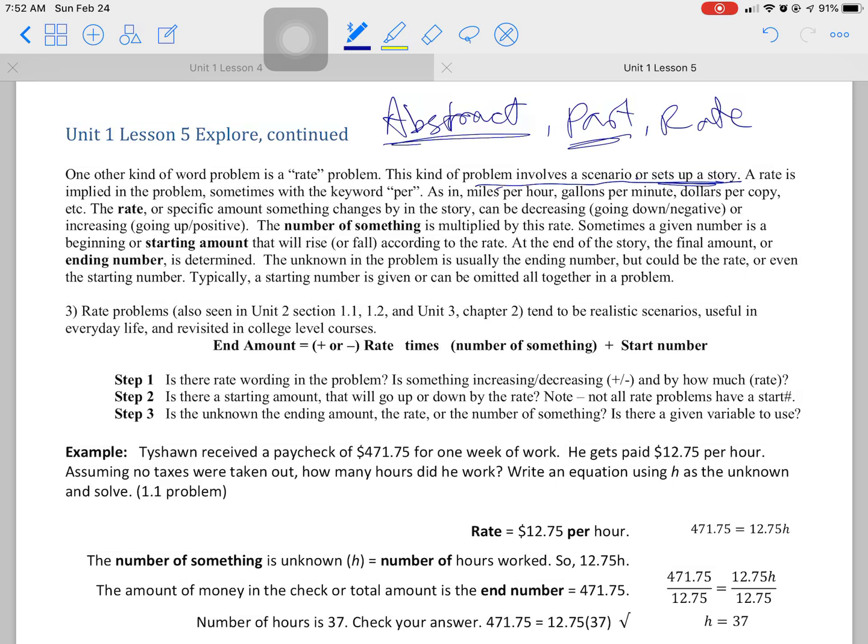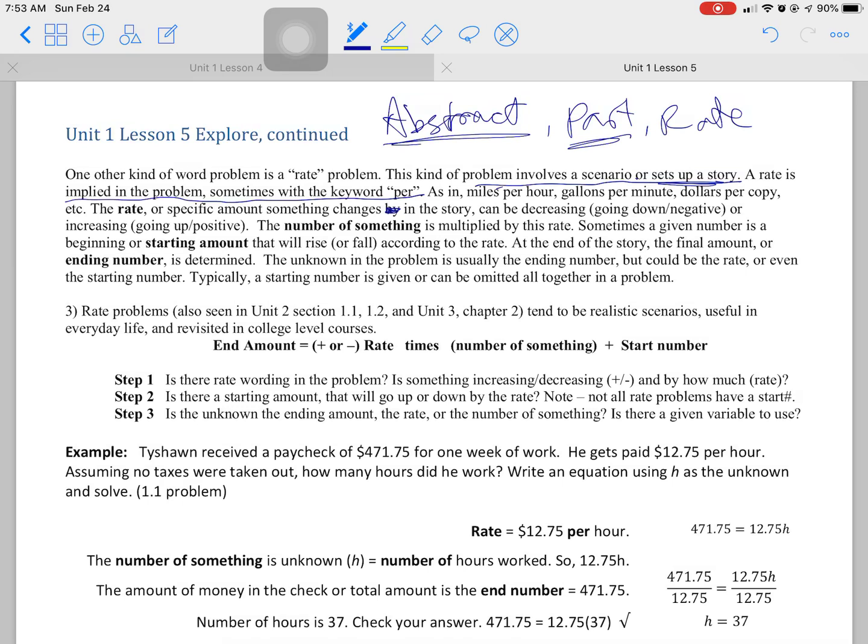You're taking a taxi ride. You're making copies. It's more like an active thing. The rate implied in the problem sometimes has the word per next to it. Miles per hour, gallons per minute, dollars per copy. The rate is a specific amount that changes in the story.